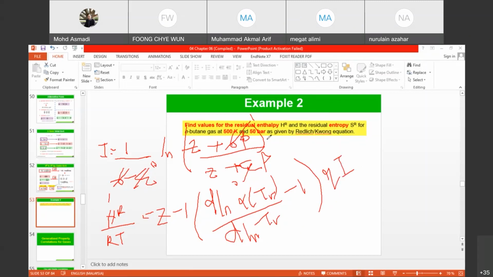I, this one, you substitute. Q from the previous equation I showed already. So please take note. The problem is this one. How to determine this one?